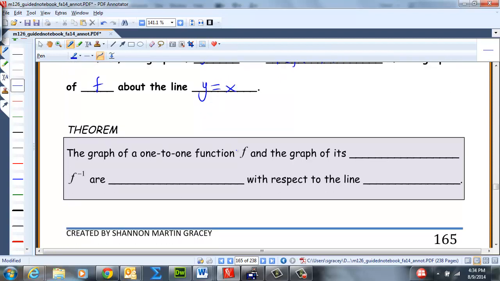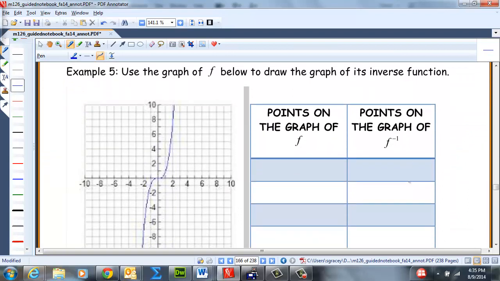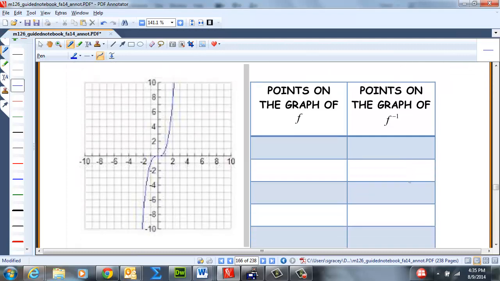All right, so here's a theorem. The graph of a one-to-one function f and the graph of its inverse, f inverse, are symmetric with respect to the line y equals x. So let's check this out. Example 5, use the graph of f below to draw the graph of its inverse function. So let's take a look at some of the points that are on f.